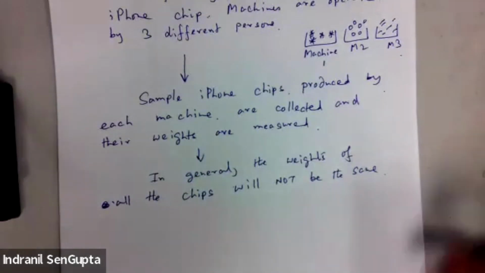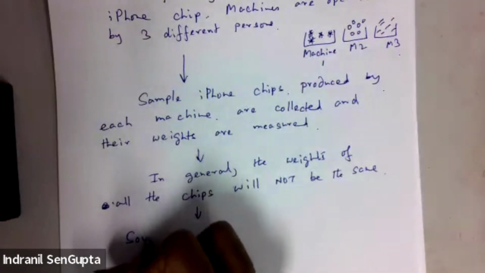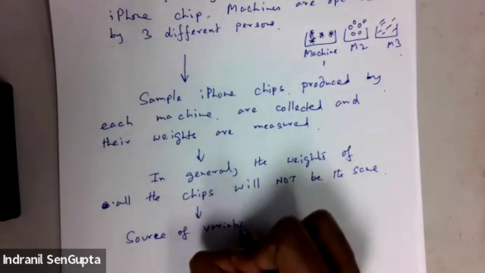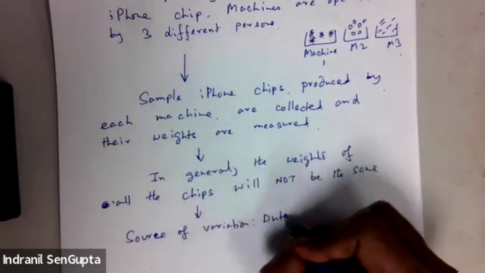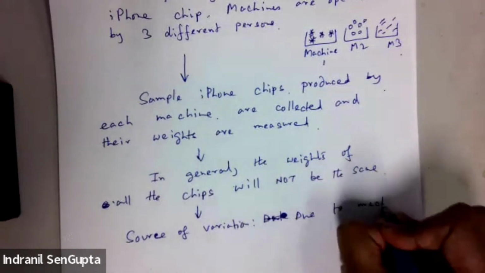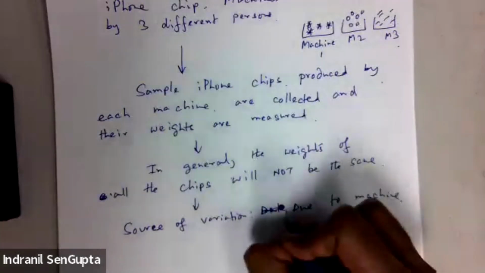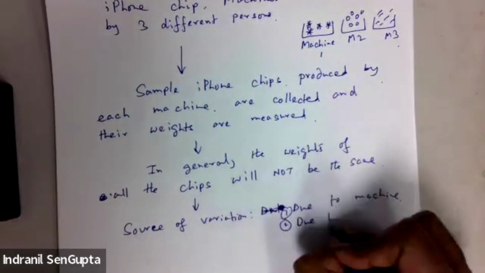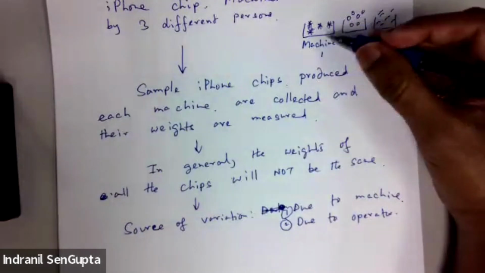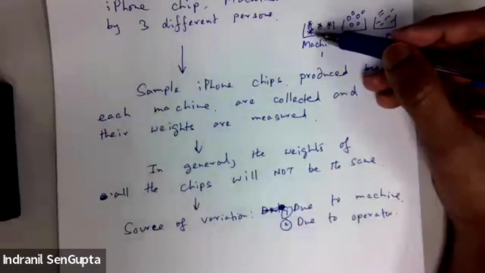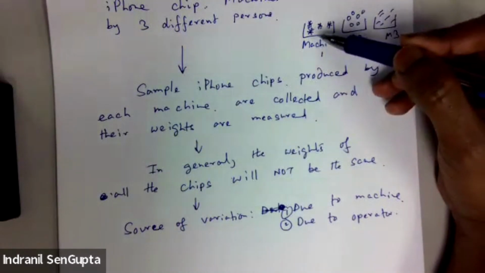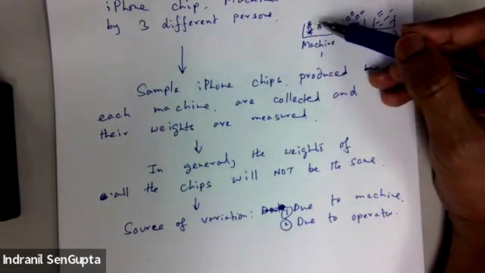So what is the source of variation? The source of variation can be due to the machine, which machine you're preparing this on, or it can be due to the operator. Even if you're producing from the same machine one, each chip will be different because if the ingredients are not mixed properly, maybe the first chip will have some weight and the second chip will have a different weight, and so on.